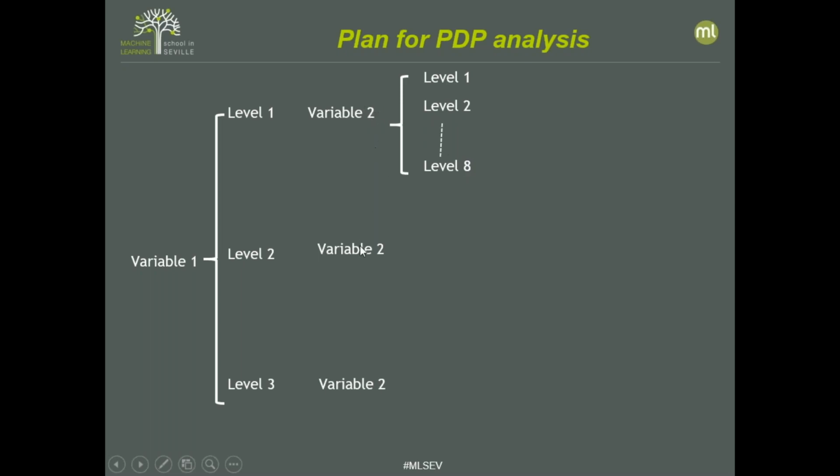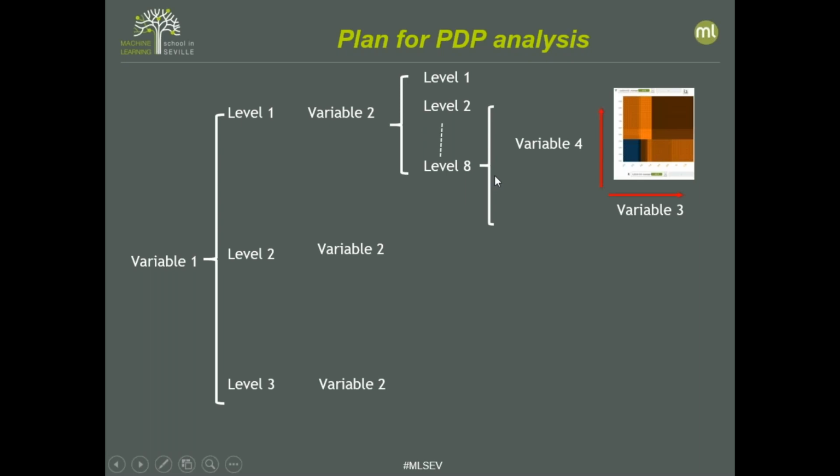And for every level of variable 2, we establish a variable 3 and a variable 4 that are the ones that we played with in order to move through the PDP to establish the percentage of successfulness that we might have by changing them.